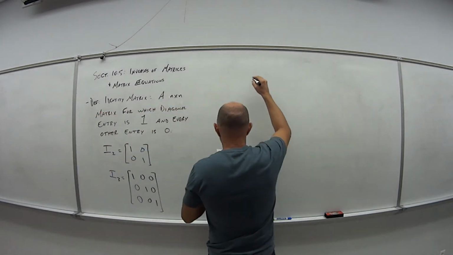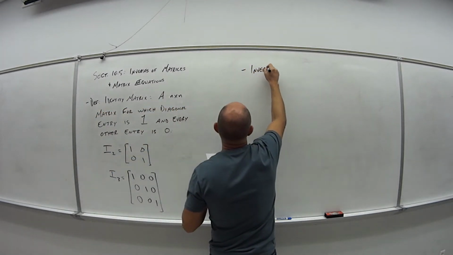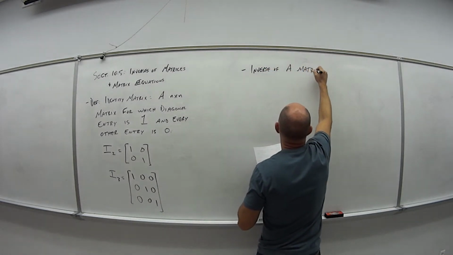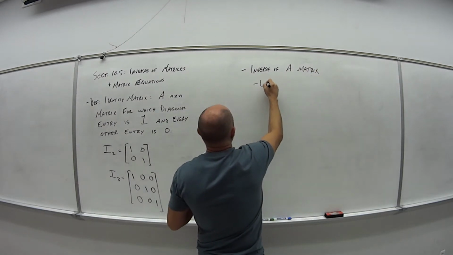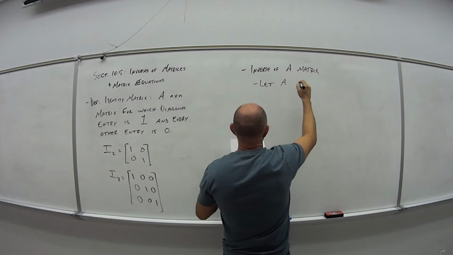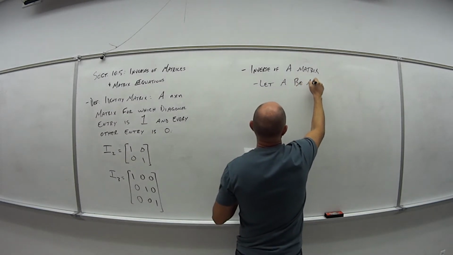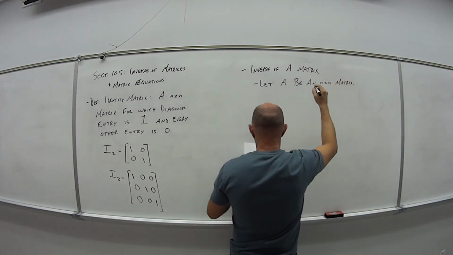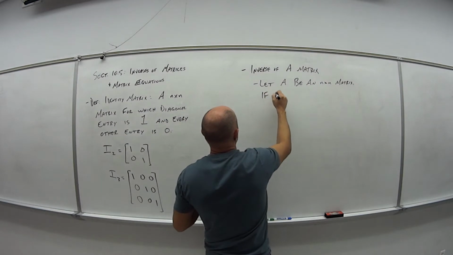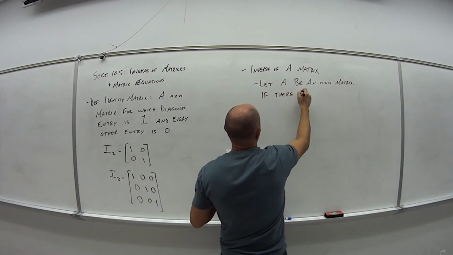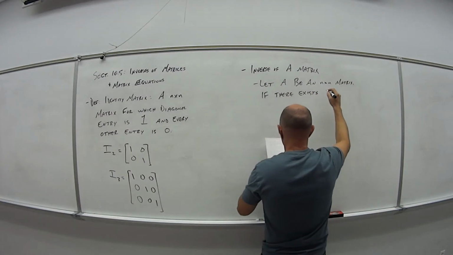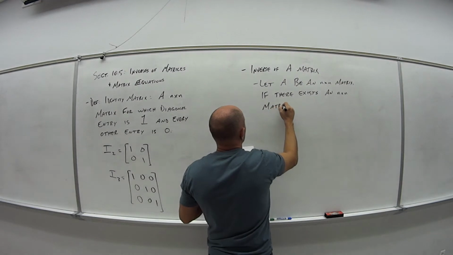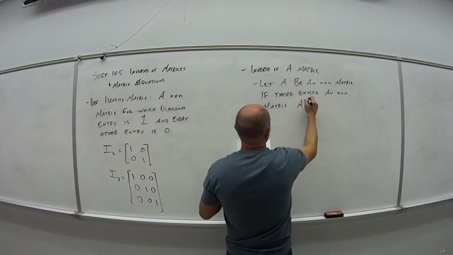The inverse of a matrix. Let A be an n by n matrix. If there exists an n by n matrix, we're going to call it A with a little minus 1.